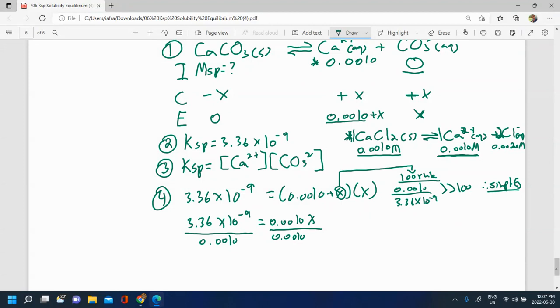And we'll get that our X is equal to 3.36 times 10 to the power of negative 9 divided by 0.0010, and we get 3.36 times 10 to the power of negative 6.